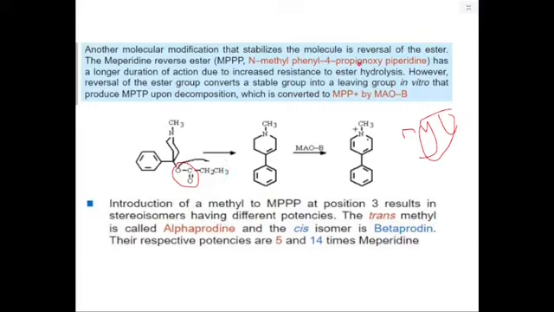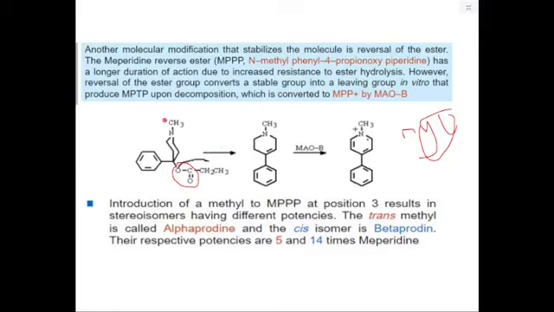So don't ask yourself what this name is; the whole of this group is propionyl, oxy. When you do nomenclature, you remove the YL, just like we do with methyl: methyl is from methane, you remove the NE and you put YL. That's the same thing we are doing. So it becomes 4-propionoxy piperidine.